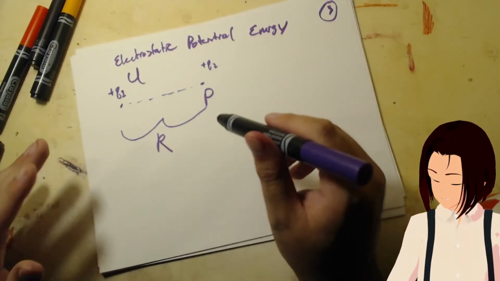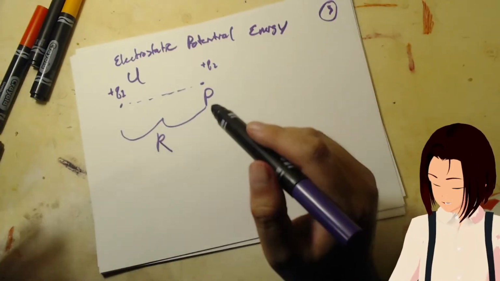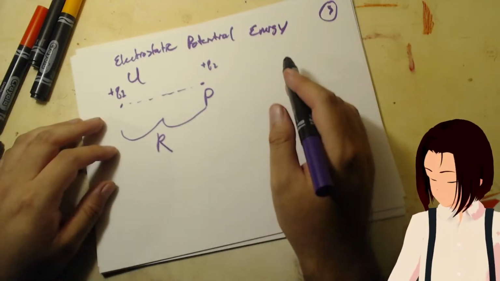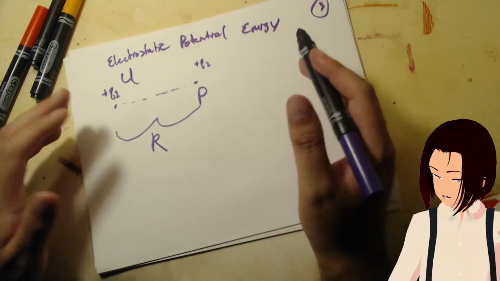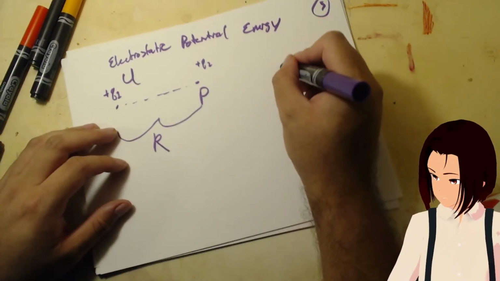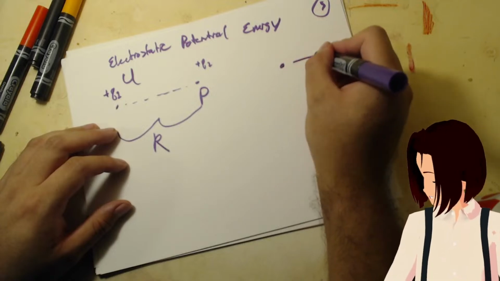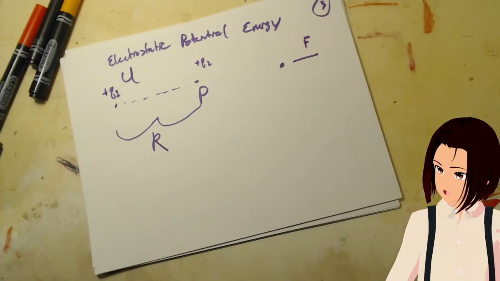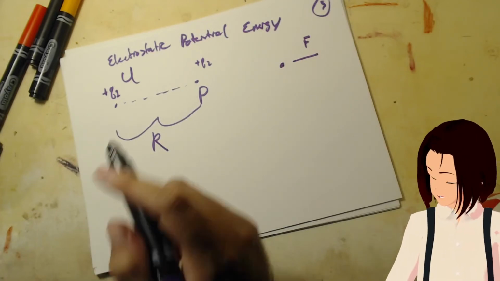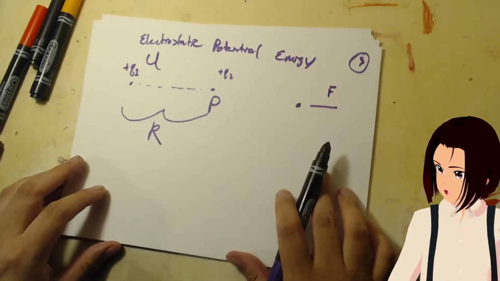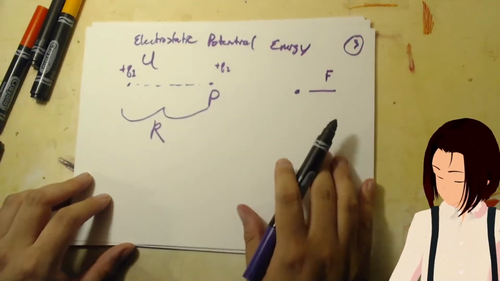So let's try to solve this problem. Let's try to find the amount of energy. So let's do a free body diagram. You know what that is, right? A free body diagram on that charge. I'm using me, I'm Merriweather, and I'm pushing this charge to this point from a huge distance away.